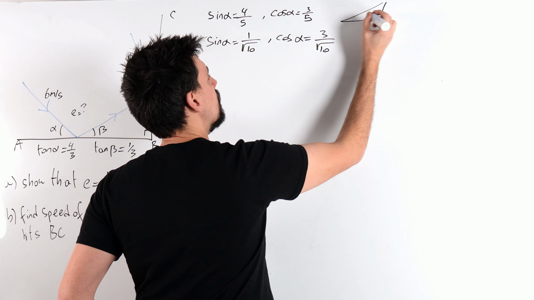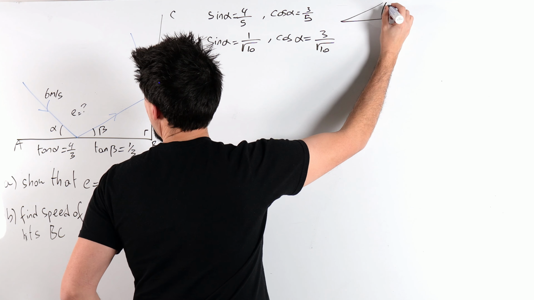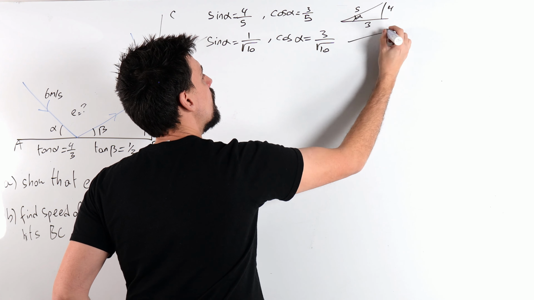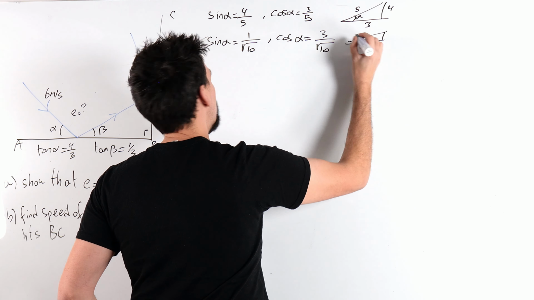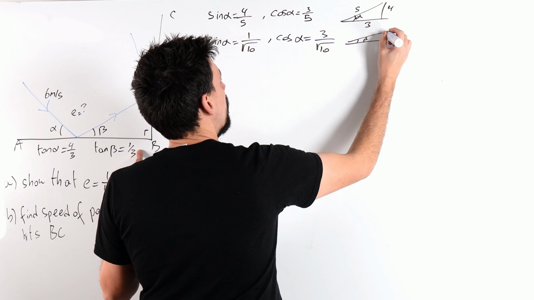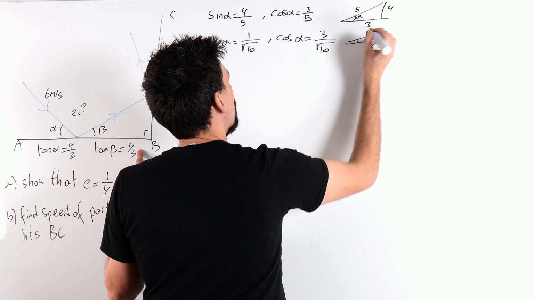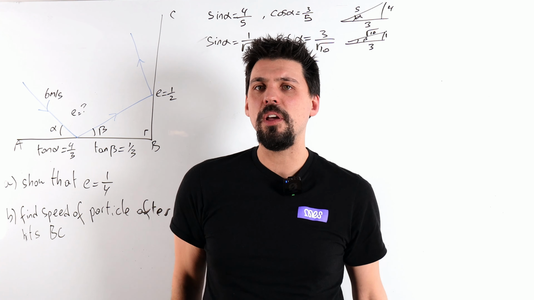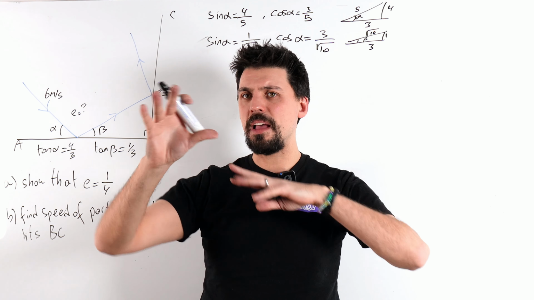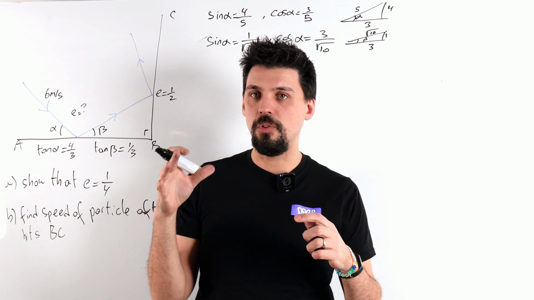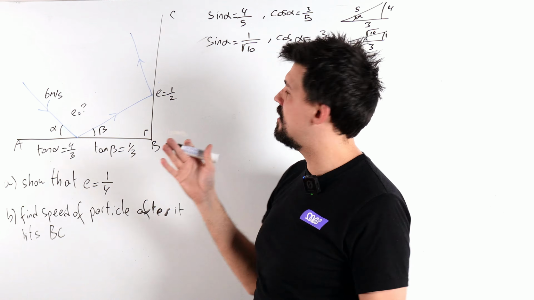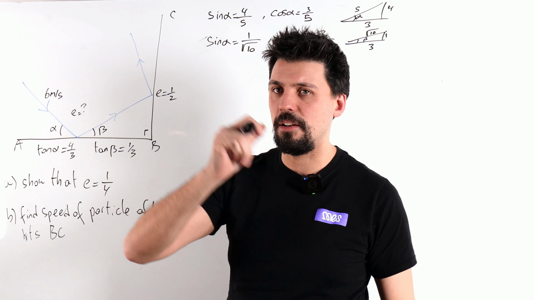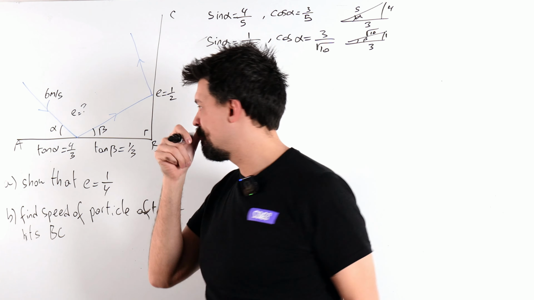We're just creating these little triangles. Sine over cos, 4, 3, 5 for alpha, and for beta, 1, 3, √10. That's just a standard thing that we do a lot in mechanics, whether it's further maths or single maths, so that you don't have to go, oh, what's the inverse tan, oh, calculator, and then get these horrible rounding errors. No. We're going to do it with the exact values, which you can do this way.